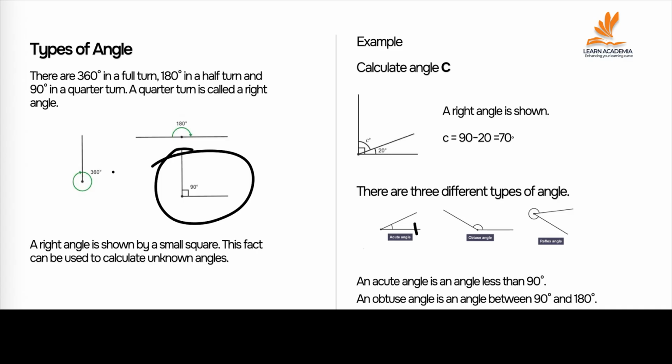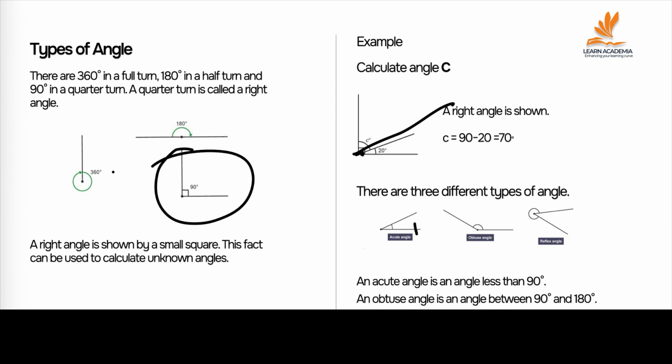Now looking at the first example, it says calculate angle C. In that diagram I have a quarter turn of an angle formed there, and that is representing an angle of 90 degrees. Remember we said the angle formed in a right angle is 90 degrees. So the diagram shows 90 degrees divided into different parts.